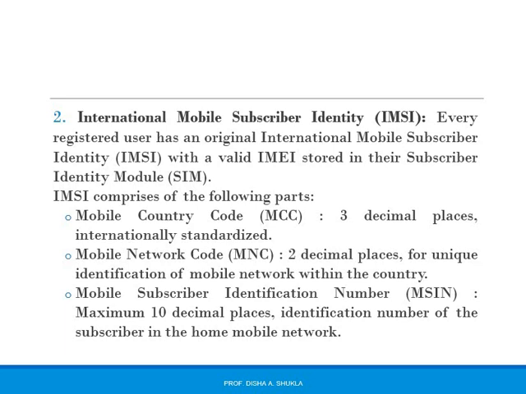Again, the IMSI number is comprised of the mobile country code with 3 decimal places, the mobile network code with 2 decimal places, assigned by the service provider, and the MSIN, a 10 decimal number, your actual telephone number. So that is the International Mobile Subscriber Identity, the IMSI.